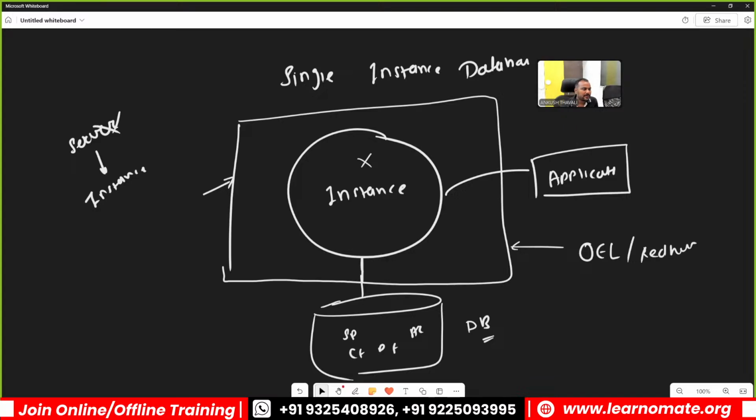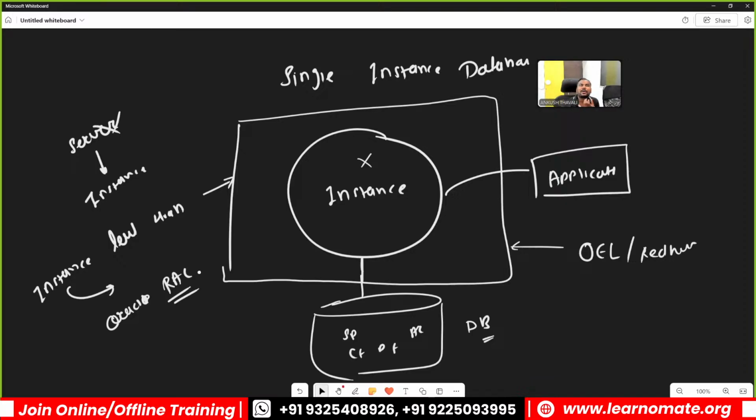So Oracle thought, okay, we need to provide a solution for instance level high availability. Instance level high availability is required, and that is provided by the technology we call Oracle RAC.